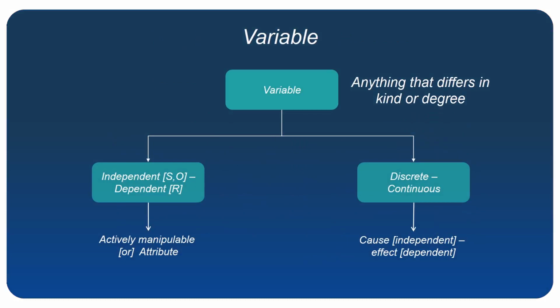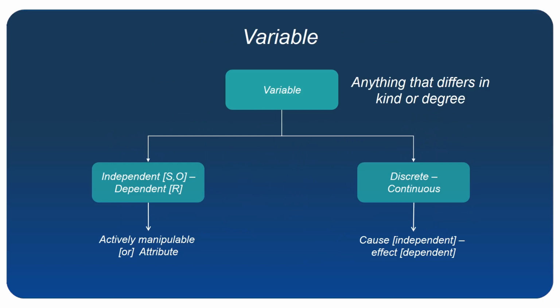Now let me explain to you some of the key concepts which we need to know as we carry on with our empirical research study. The first concept that I'd like to define and to an extent explain is the concept of variable. What do we mean by variable? Anything that differs in kind or degree is what we call variable.